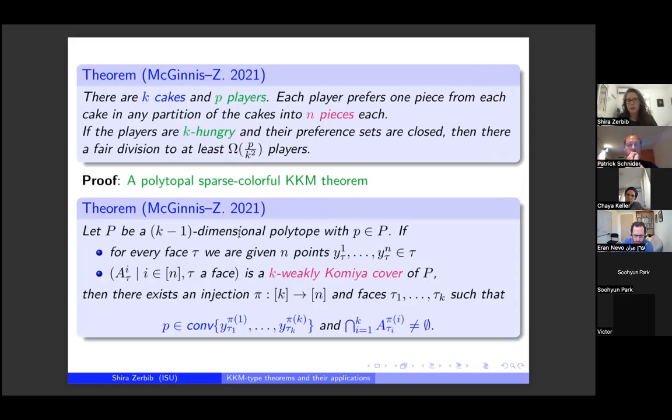If P is a k-1 dimensional polytope with some point chosen in it, and for every face you choose n points, and you don't have n Komiya covers, but you have a family of sets that forms k weakly Komiya covers in the same sense that we had before. And then the theorem ensures that there is such an injection that gives us the conclusion that we want to get.